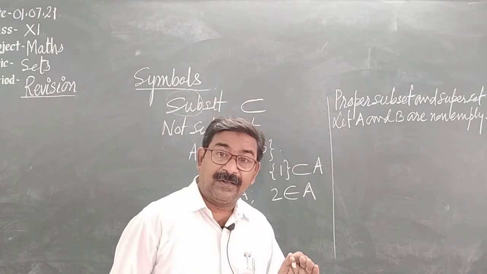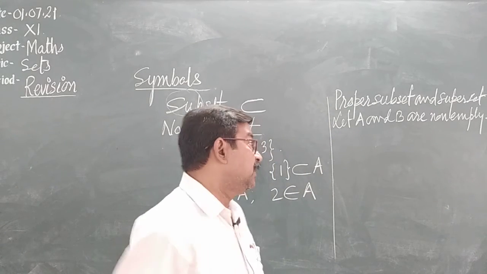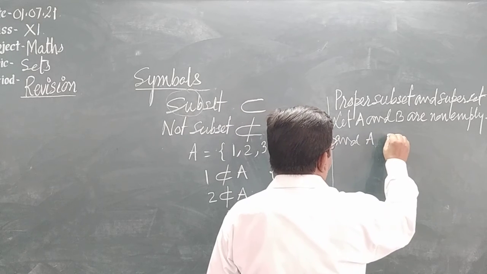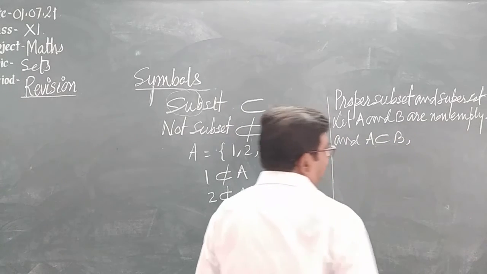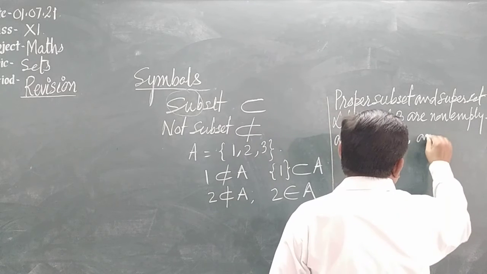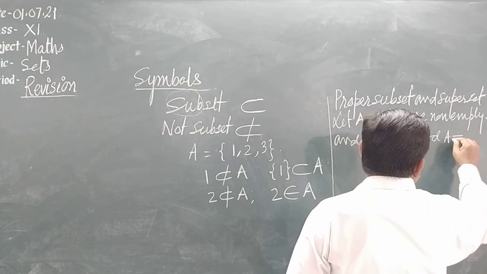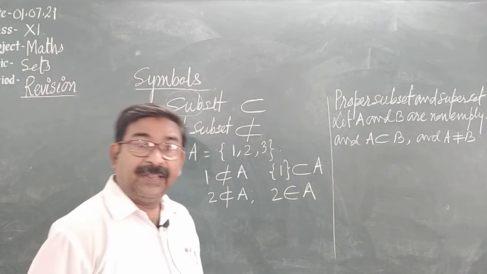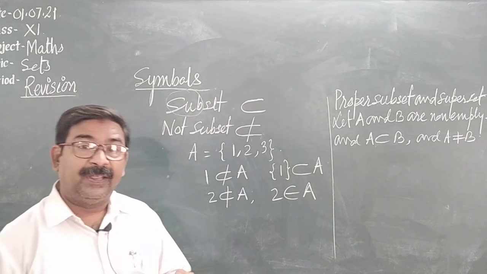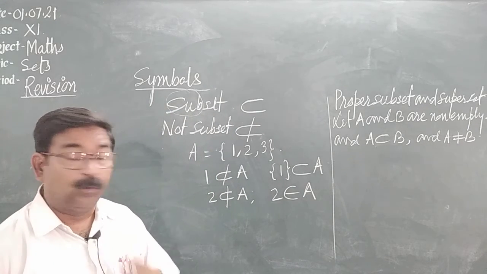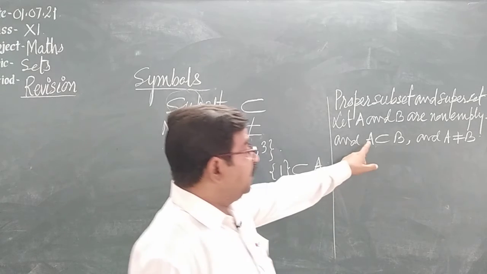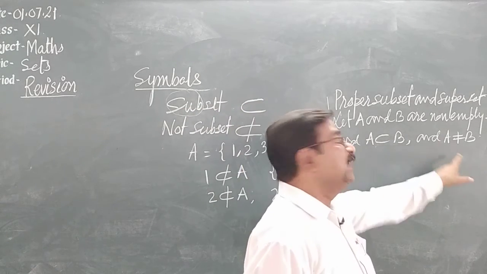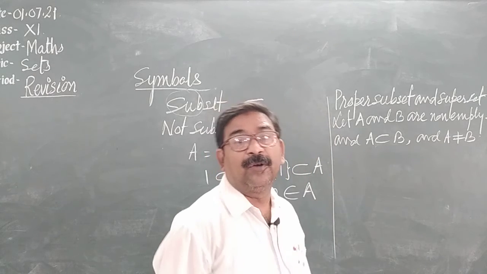The condition is non-empty sets. And A is a subset of B and A is not equal to B. Then A is called the proper subset of B and B is called the superset of A.